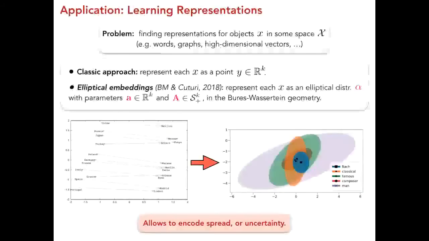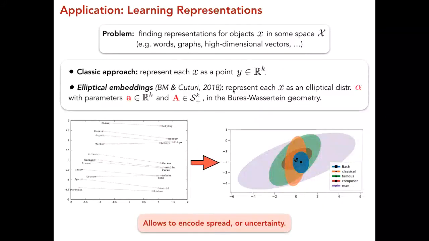And so now I'd like to present a few applications. The first application I'm going to present is an application to representation learning. So the problem of representation learning is that of finding tractable representations of some objects that live in some space that can be, for instance, a high-dimensional vector space, but also the space of words or graphs. So it's a very generic problem.